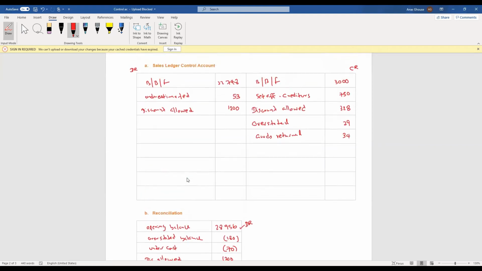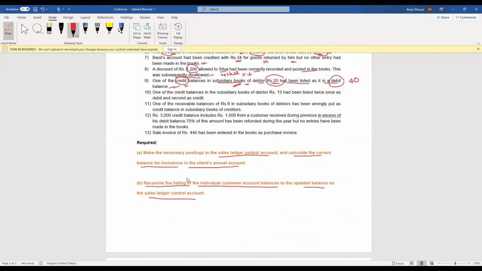40. Next one. One of the credit balances in the subsidiary books of debtor, 15 rupees, had been listed twice, once as a debit balance and the second as a credit balance. Okay, so here what has happened?